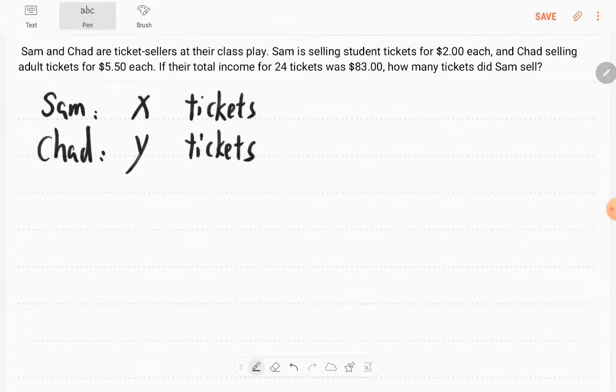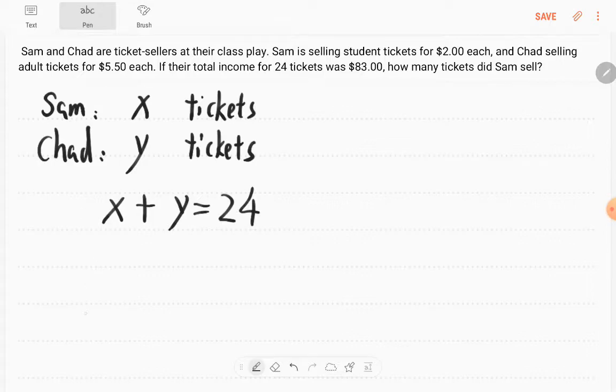If we want to solve for x and y, we should have two equations, right? The first equation is x plus y equals 24, since both of them sold 24 tickets in total.